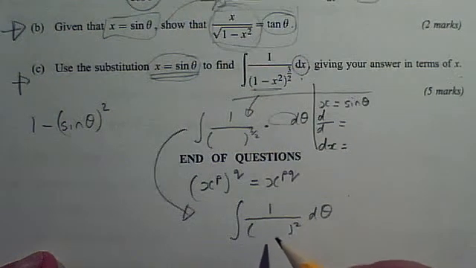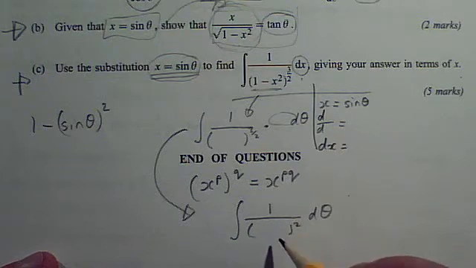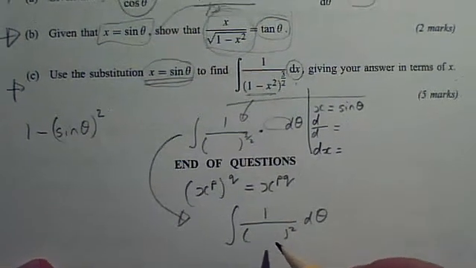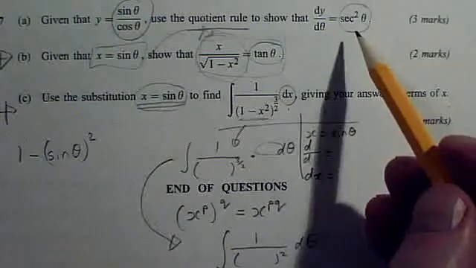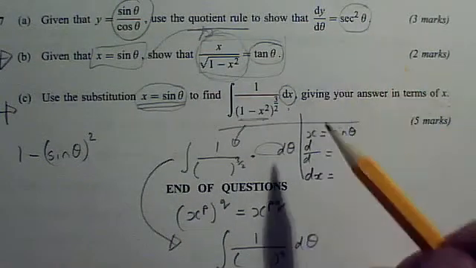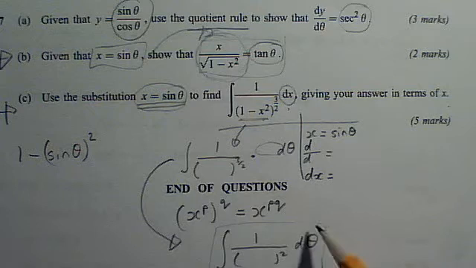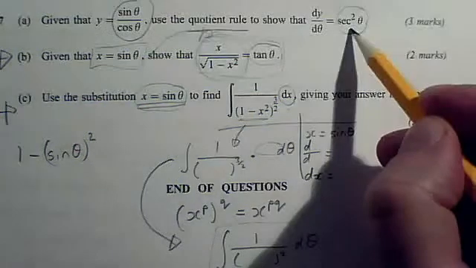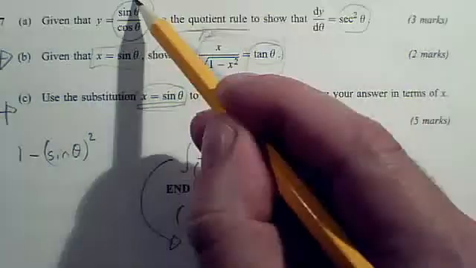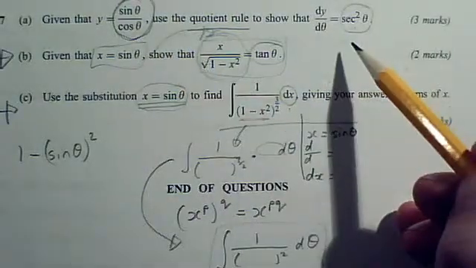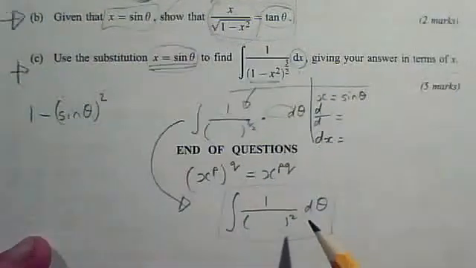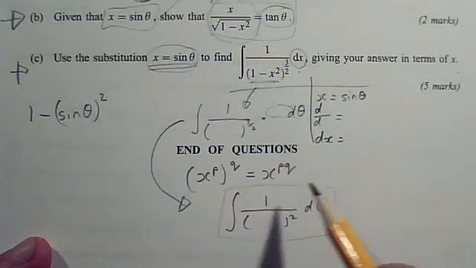And 1 over a trig function has got a special name, and 1 over a squared trig function is going to be not a million miles away from sec squared theta. So if you can simplify this integral to something that we've seen before, that we know something that differentiates to, that's why part A is in there. It's to help you with this simplified integral once you get there.